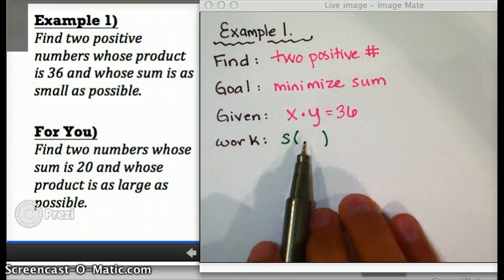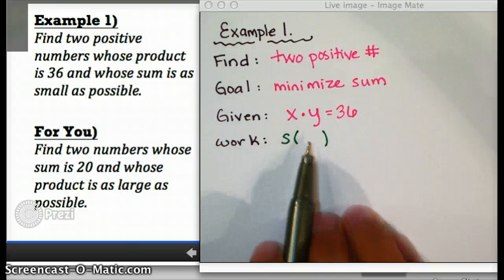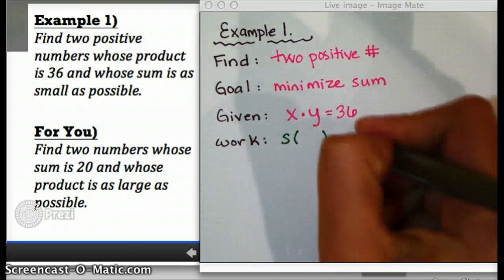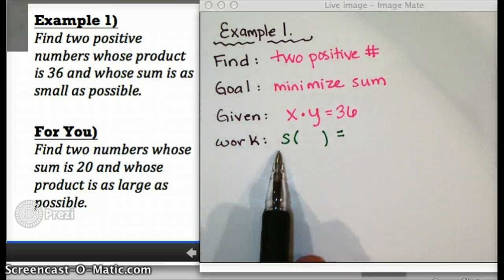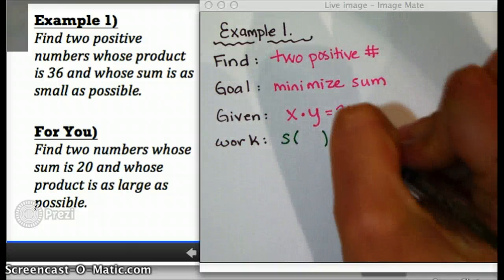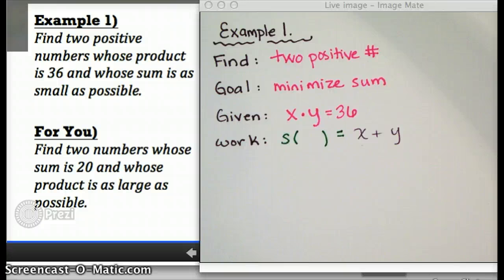And the input's going to be a variable. Right now, I don't know what variable it is, so I'm just going to leave that blank for a second. And we're going to start to work to put this function together. Well, let's start with what we know. First of all, we know that sum means addition. So the sum of the 2 numbers is basically just x plus y, the first number plus the second number.